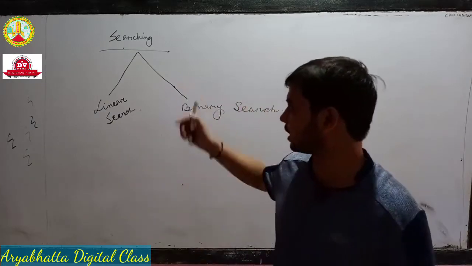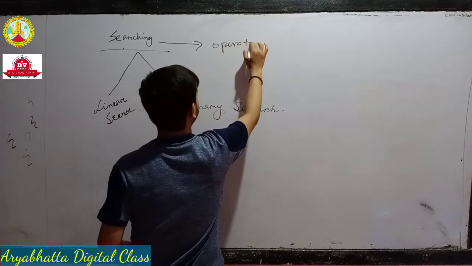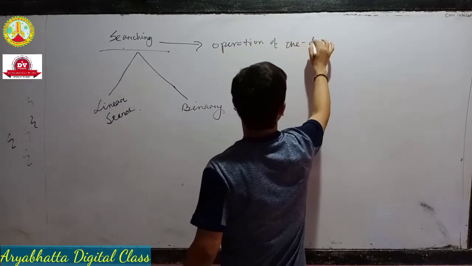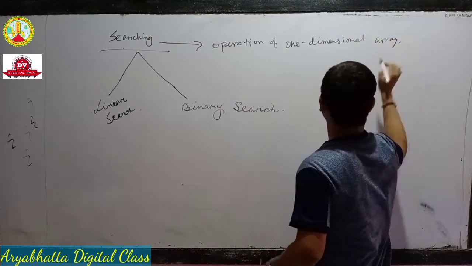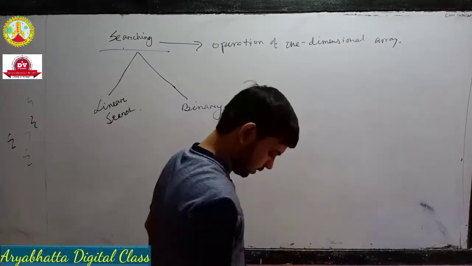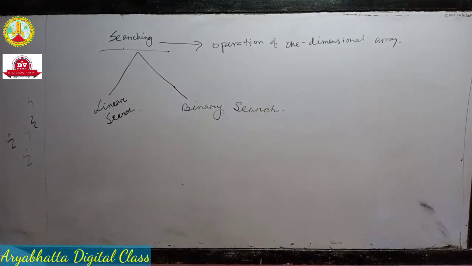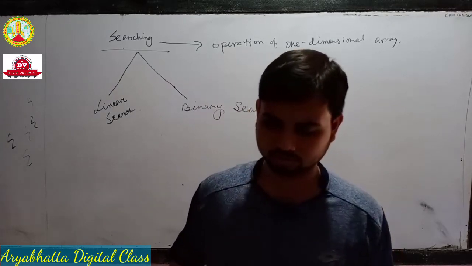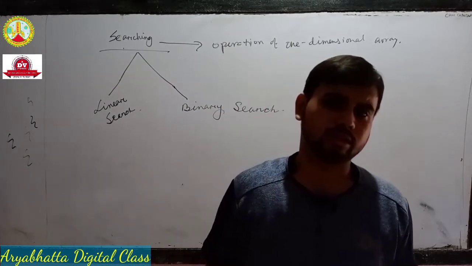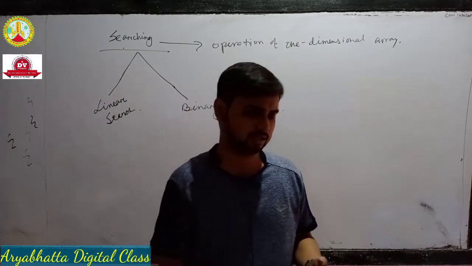Okay, this is the operation. Searching is an operation of a one dimensional array. So why is searching needed? Searching means you have to search for a special value from a large array.